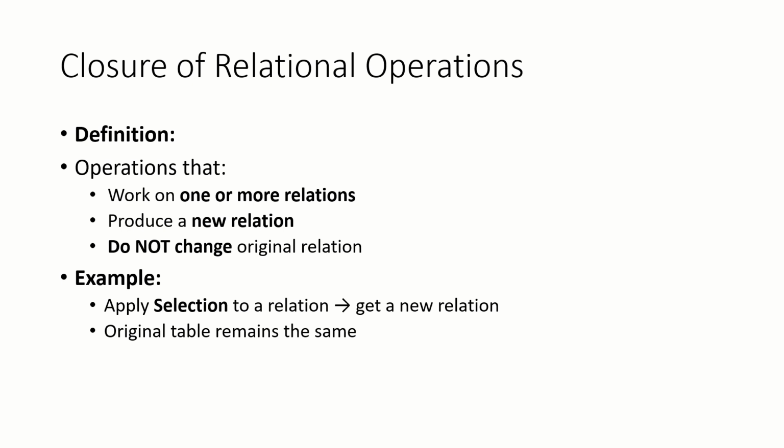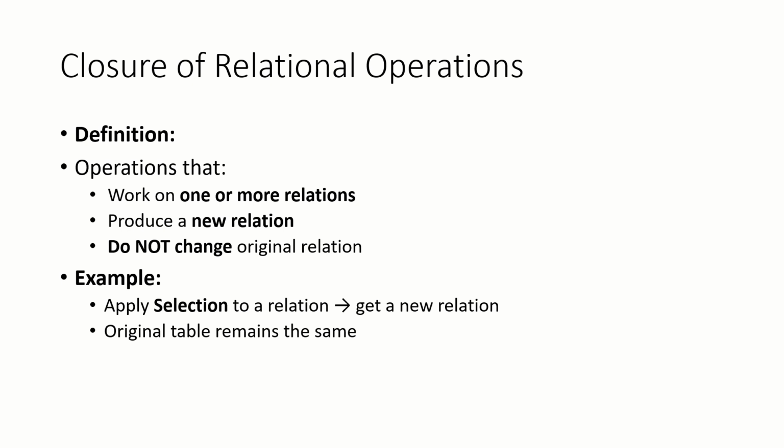It's like you create a table, for example, a student information table, but at the same time, you want to grab only the student ID from this table. So you will create a new table, and this table only includes the student's ID. So this is the closure of the relational operations.